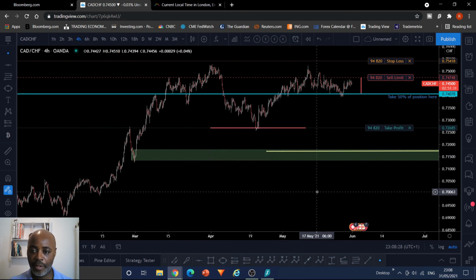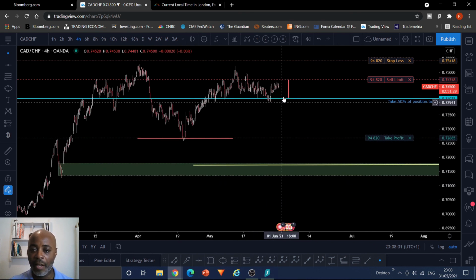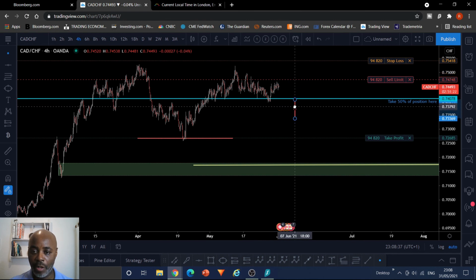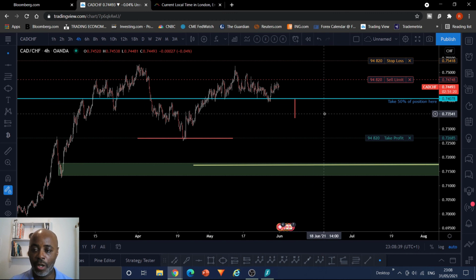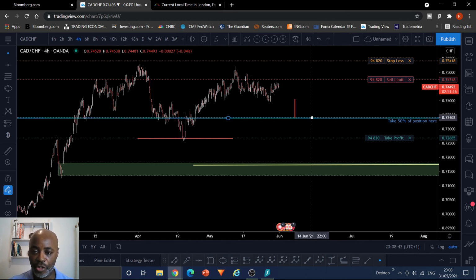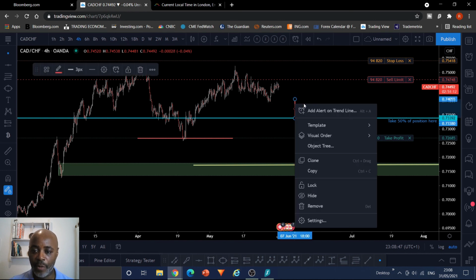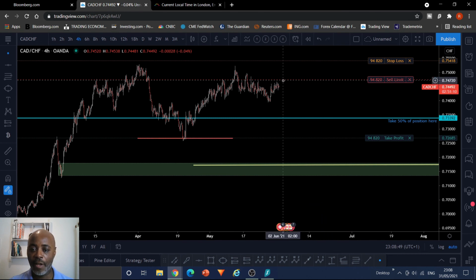But I don't take off at 1-to-1, do I? I take off at 2-to-1. To make this trade worth my while, I want to make 2-to-1 on the first half of my position. So there we go. That's where I'm going to take off half of my position, if price gets there.